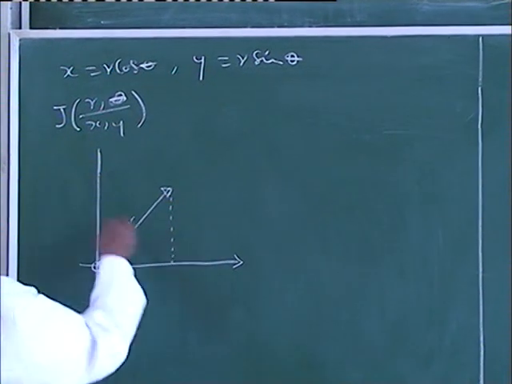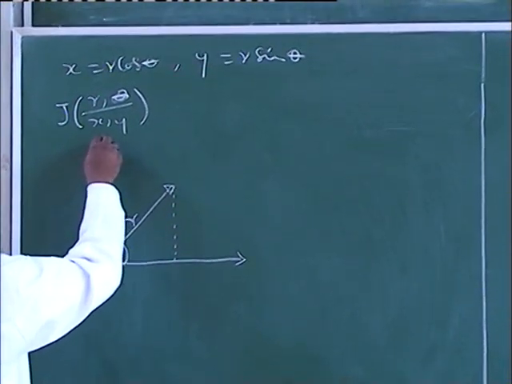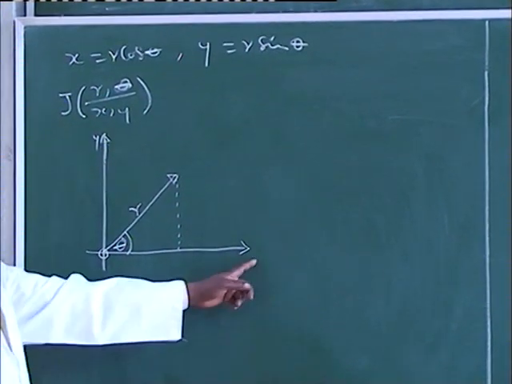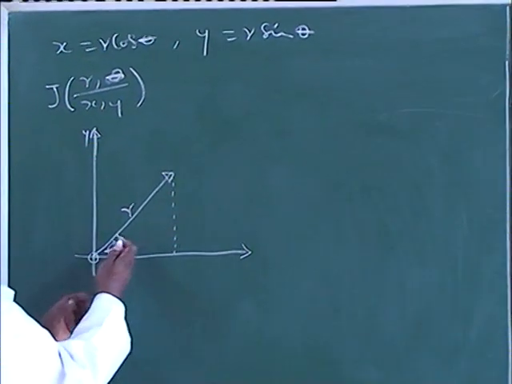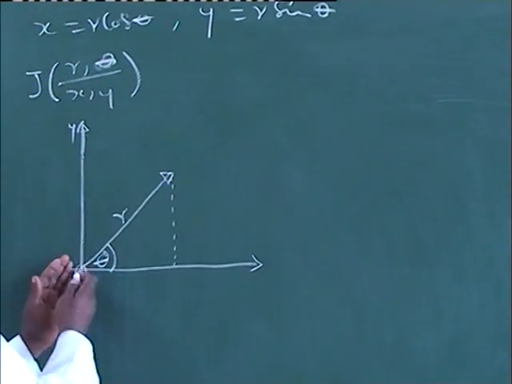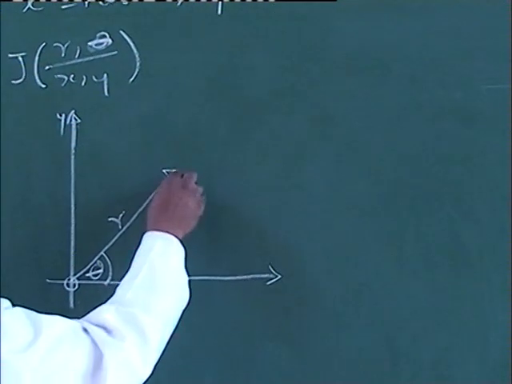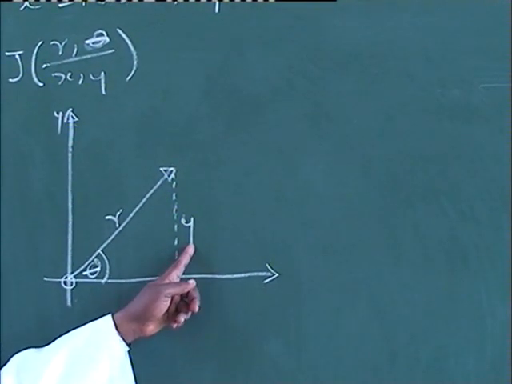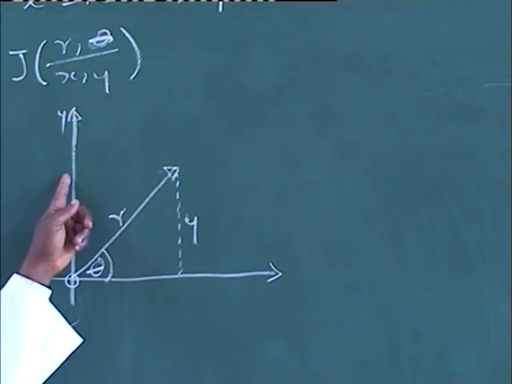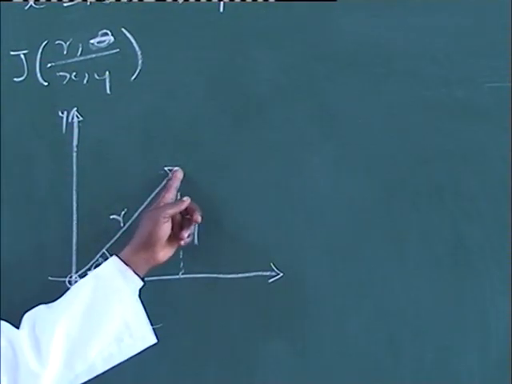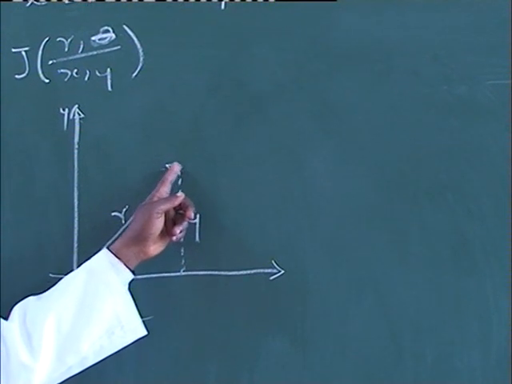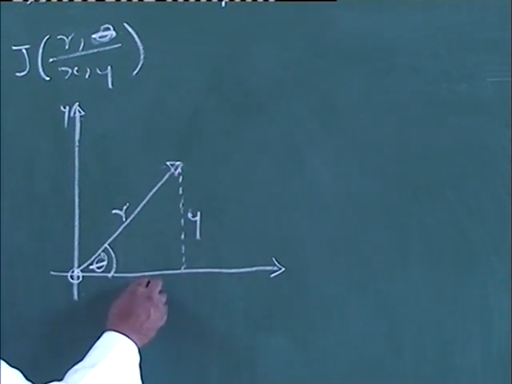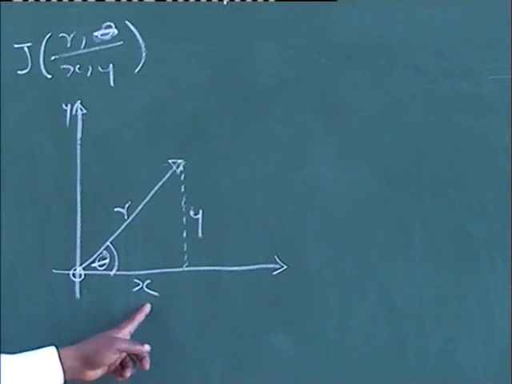This is the y-axis, which we know, and this is the x-axis. This y corresponds to the point where this vector terminates. In this way we also have x.